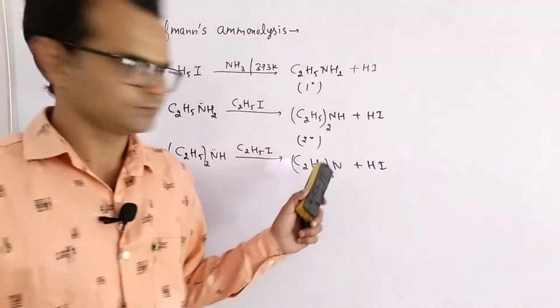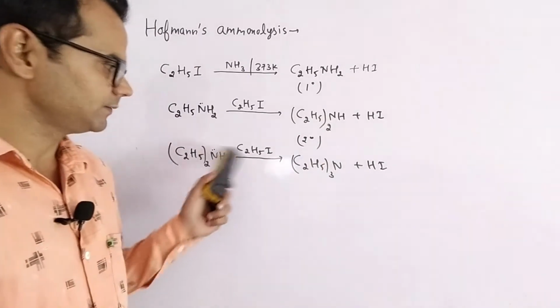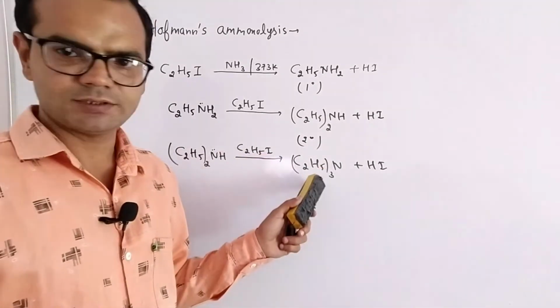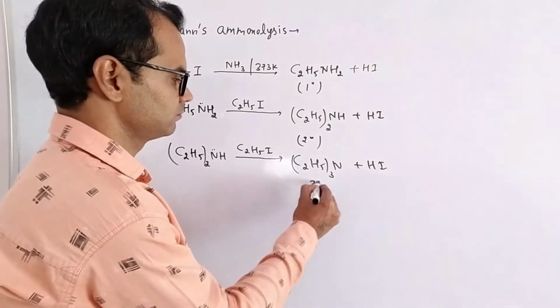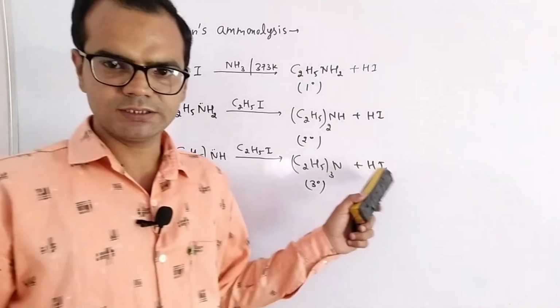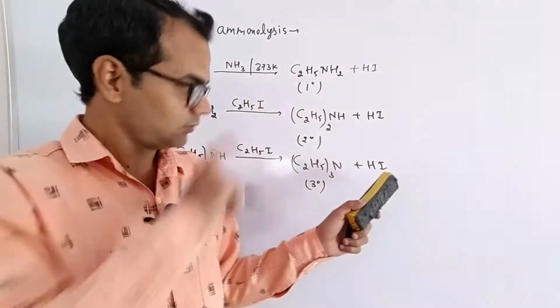So now by the reaction of secondary amine with the alkyl iodide, we have a tertiary amine, and byproduct is again hydrogen iodide.